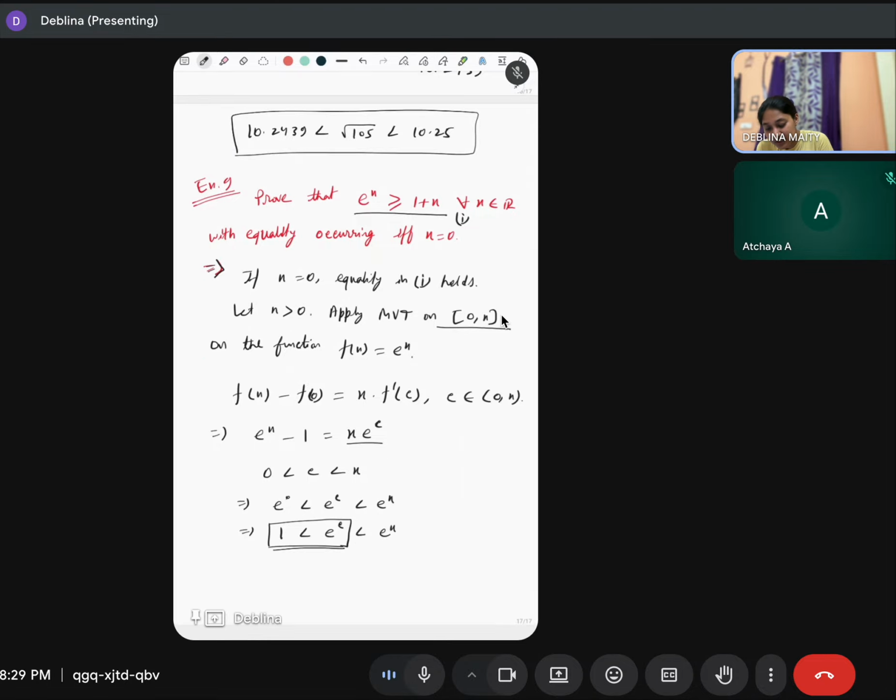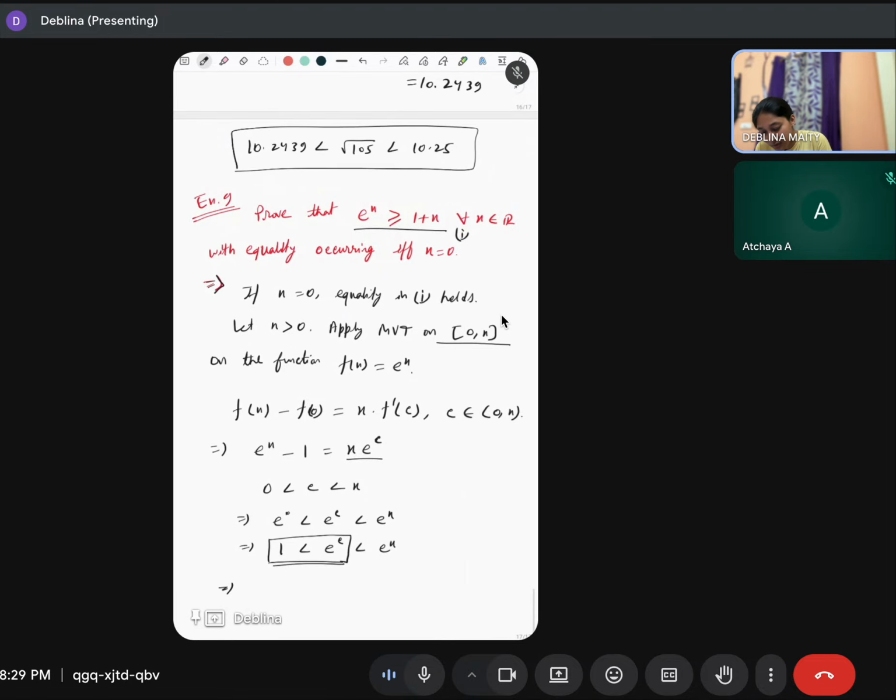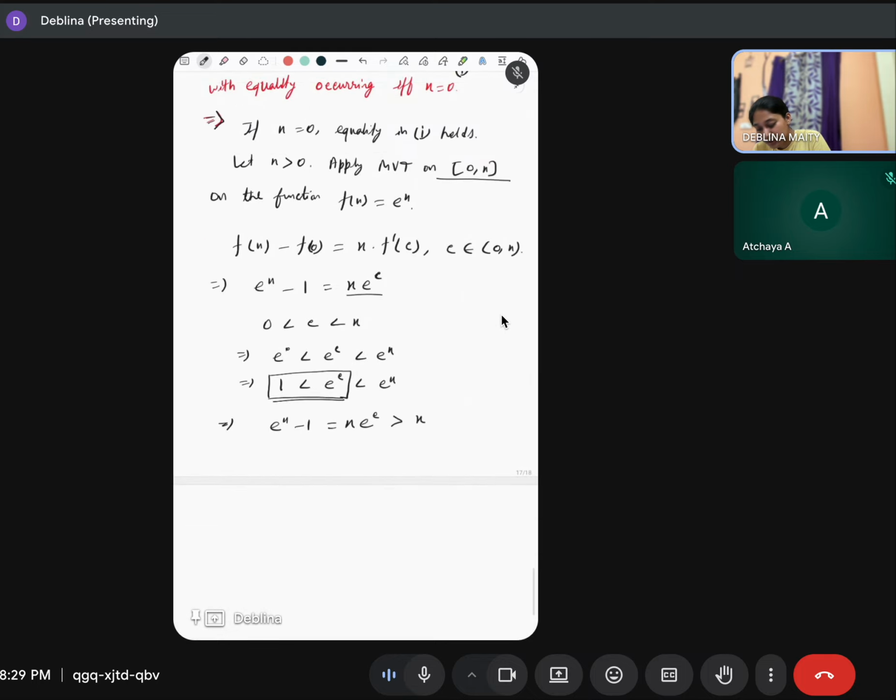If you use this portion, what will we get? We will get e to the power x minus 1 equals x e to the power c, which is strictly greater than 1 times x. So we get that e to the power x is strictly greater than 1 plus x when x is greater than 0.